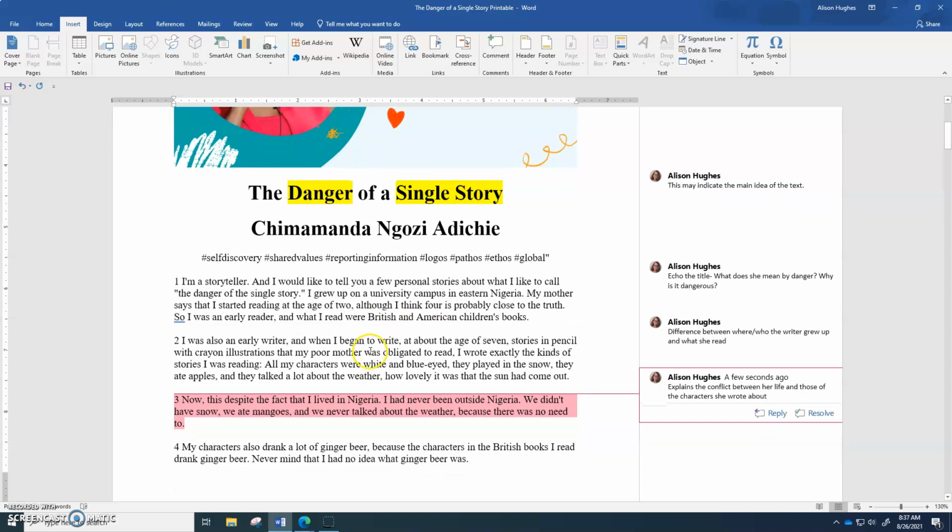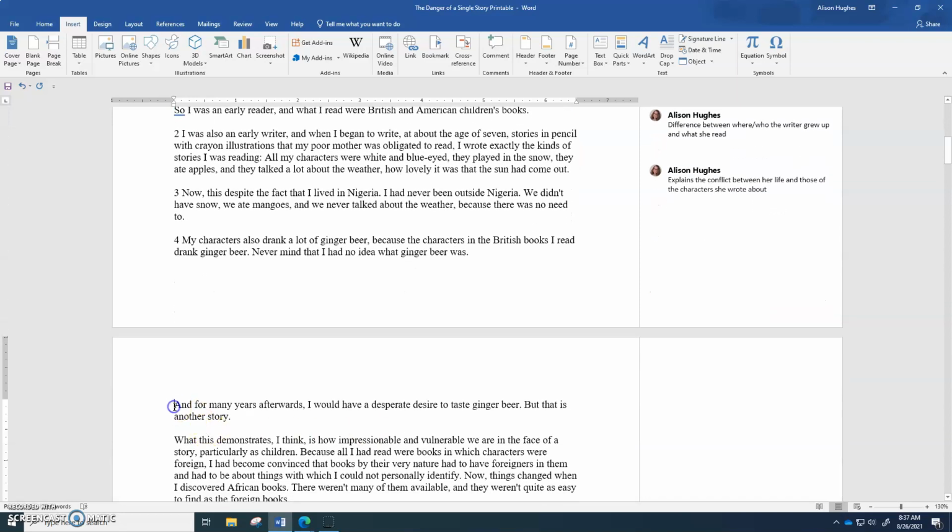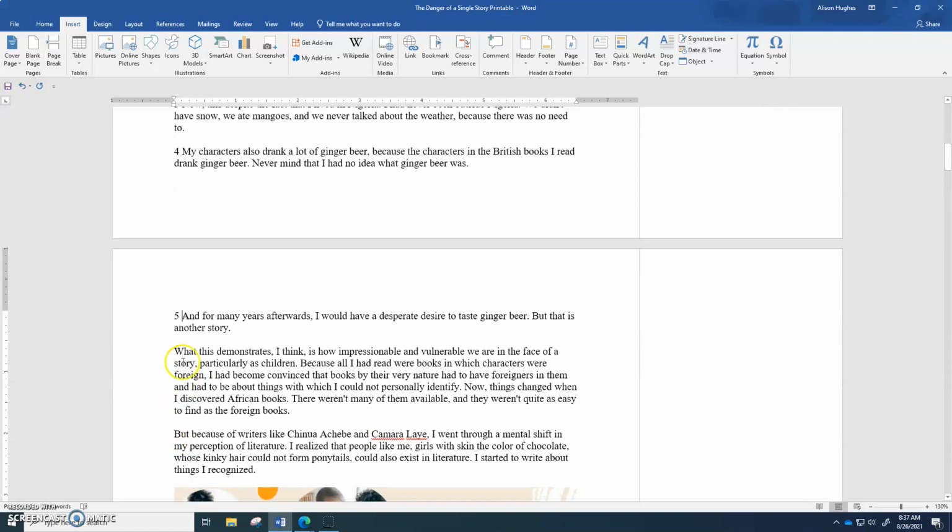"My characters also drank a lot of ginger beer because the characters in the British books I read drank ginger beer. Never mind that I had no idea what ginger beer was. And for many years afterwards, I would have a desperate desire to taste ginger beer, but that is another story. What this demonstrates, I think, is how impressionable and vulnerable we are in the face of a story, particularly as children.